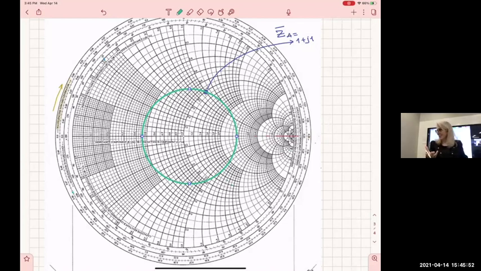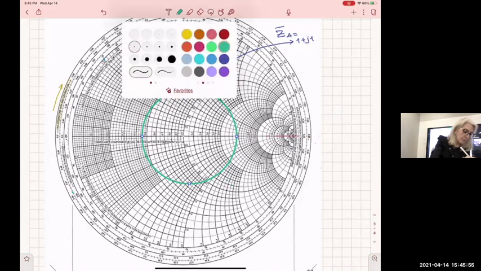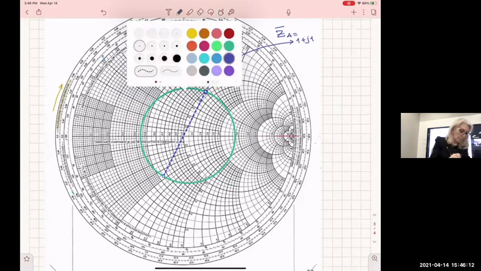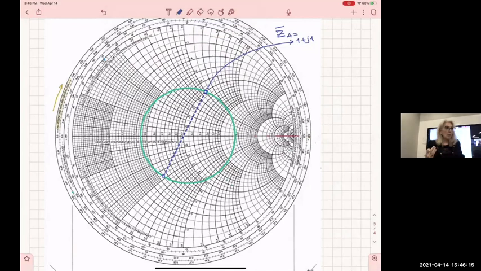So I draw here the diameter that goes from this point through the center. See where that hits. I make them dotted because these are all auxiliary lines, just to help us. They're not primary, like a circle. And this point here is the normalized admittance.